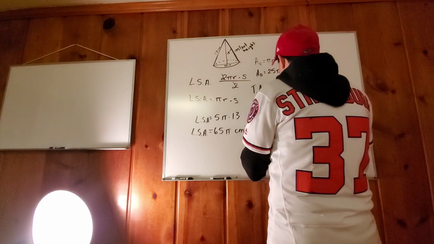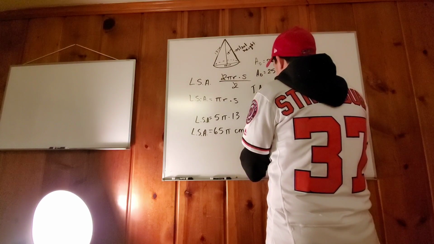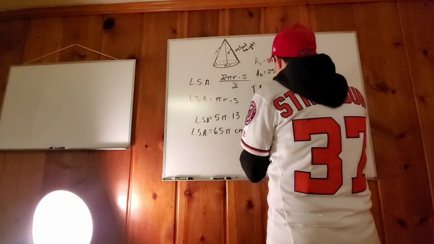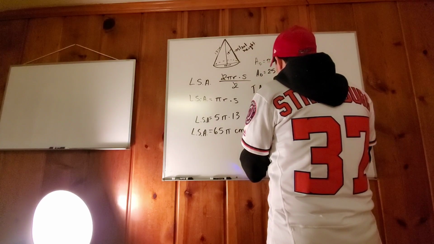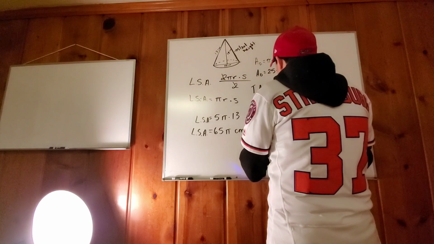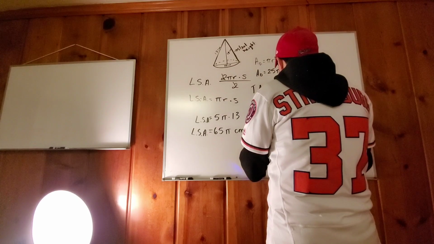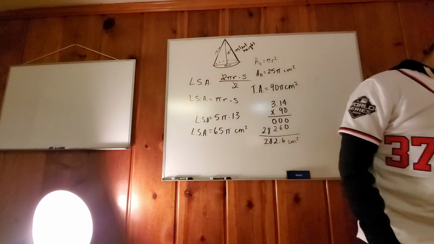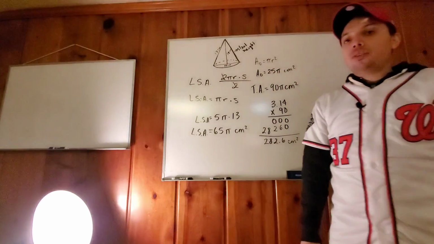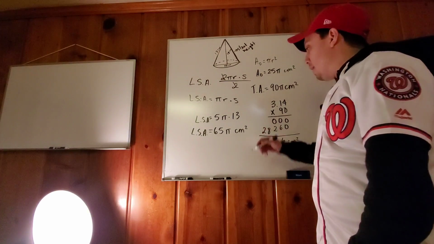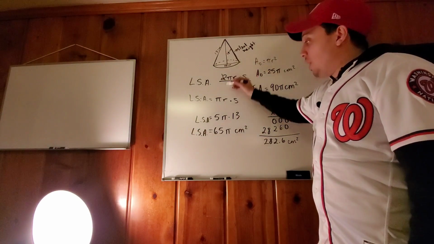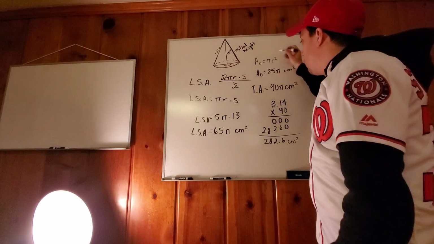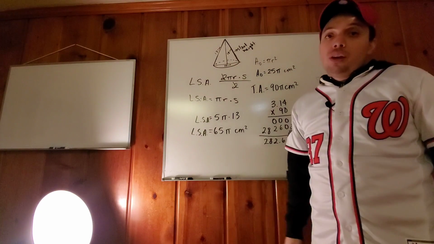Then we add together 0, 6, 2, 8, 2. With 2 decimal places, it's going to be 28.6 centimeters squared for the total surface area. And that is the answer, and how you find both the lateral surface area for the cone and the total surface area of the cone.